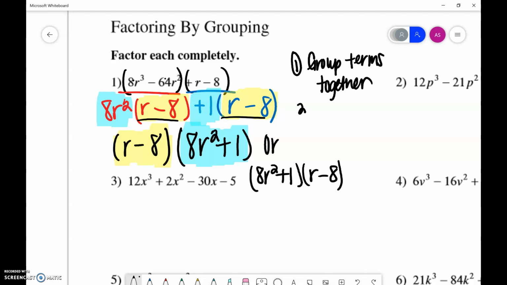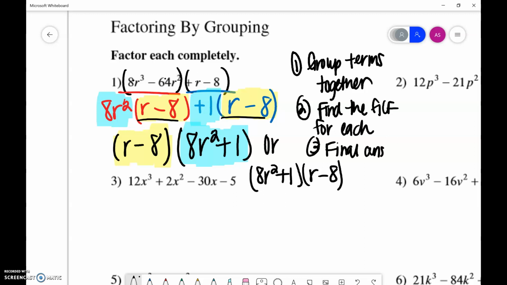Step 2, I want to find the GCF for each set. And then at step 3, I'm ready to write my final answer.